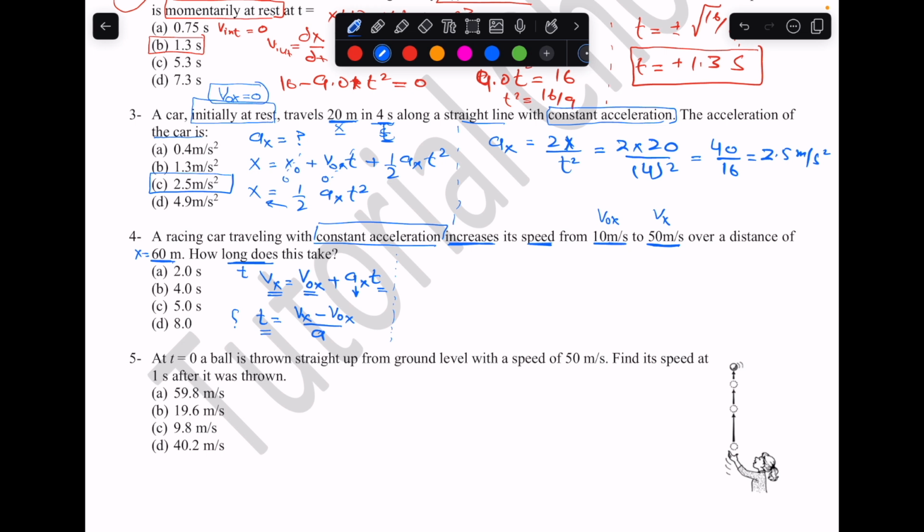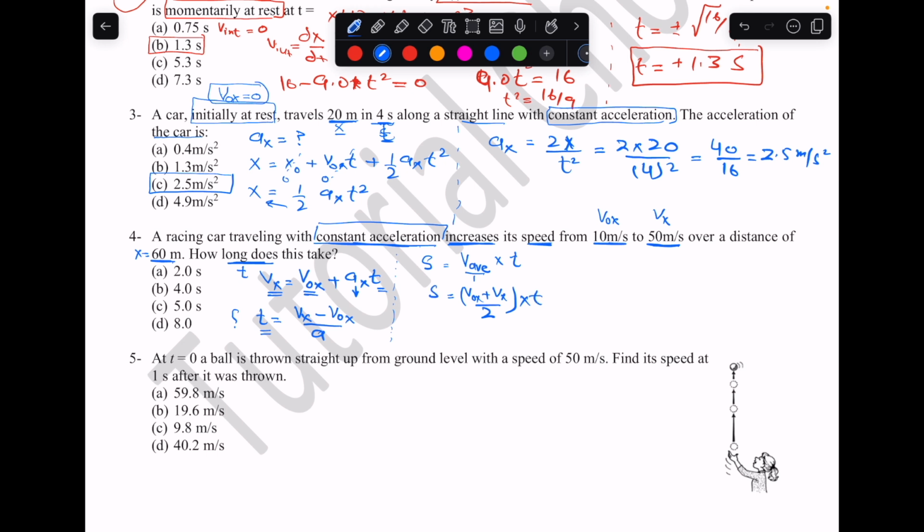Or we can use another formula which says that the distance is the average velocity multiplied by the time. This is the average velocity when the acceleration is constant. So when the acceleration is constant, the average velocity will be v naught of x plus vx divided by 2, multiplied by t.